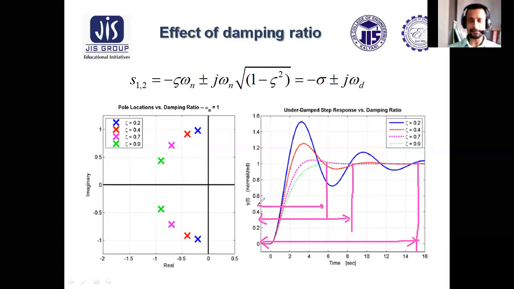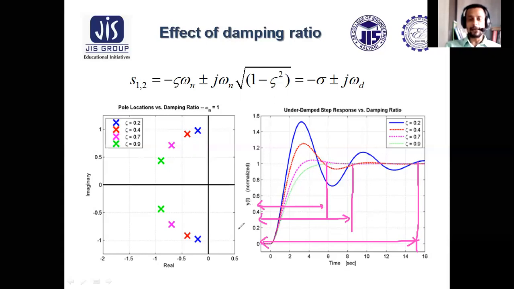So settling time decreases with increase in zeta. So with increase in zeta, the peak response will be reduced, or the amplitude of the response will be reduced. With increase in zeta, settling time will be reduced. That means the system will respond faster. So these are some effects of zeta on system response.